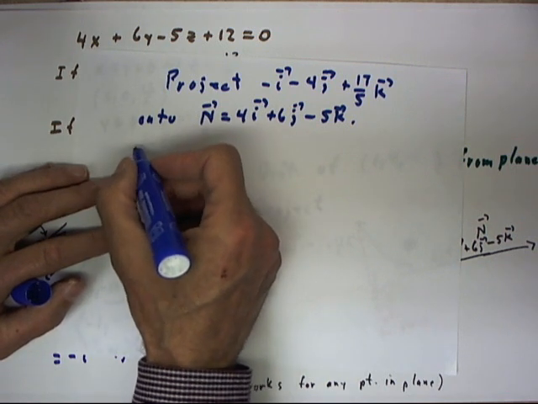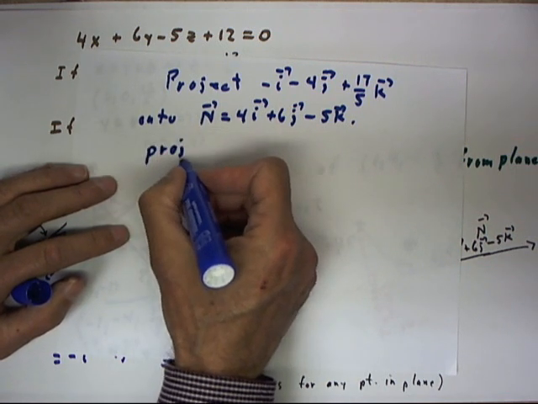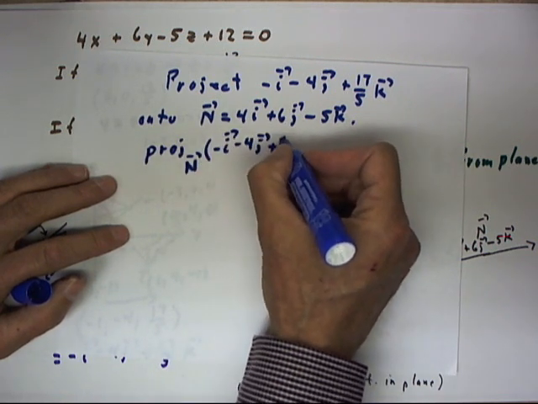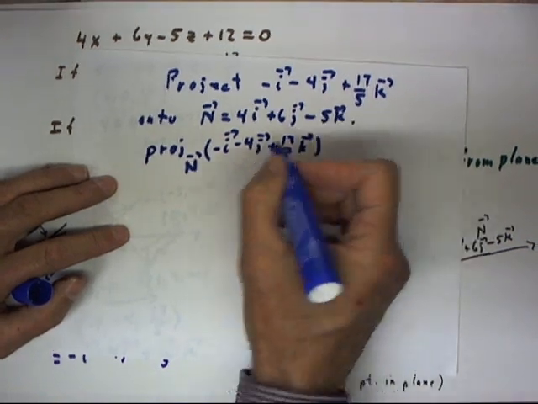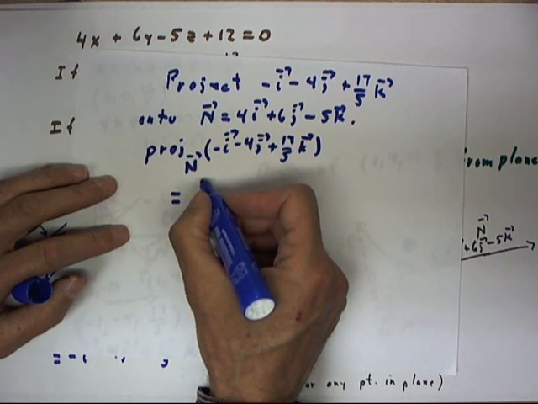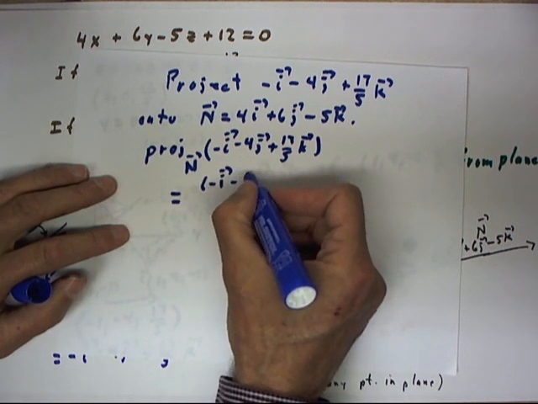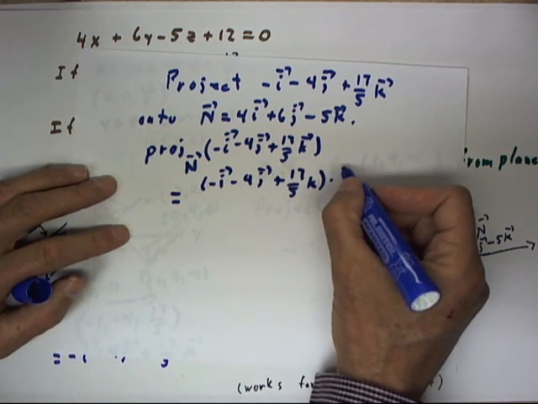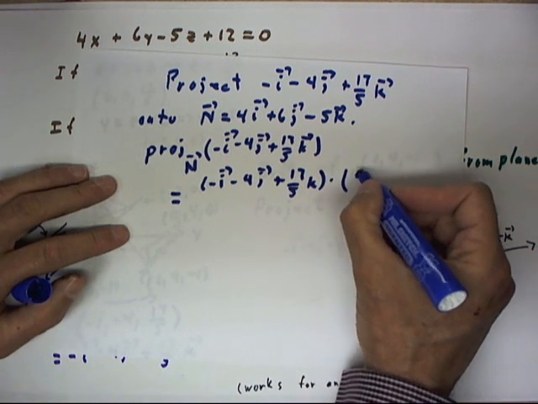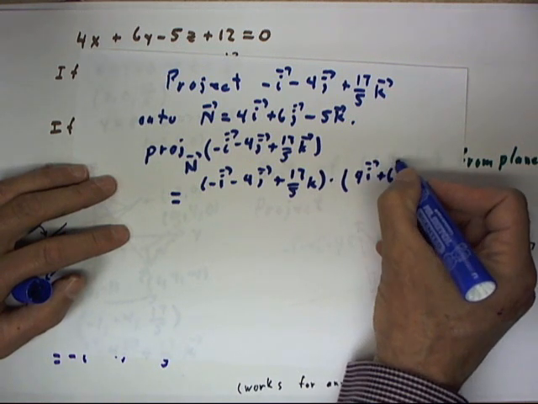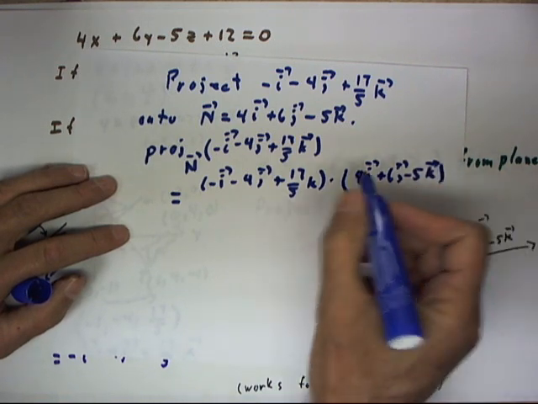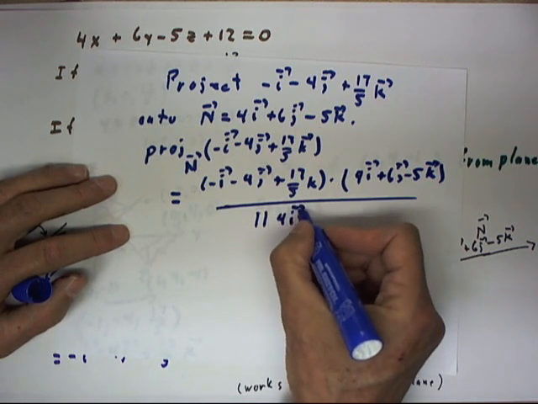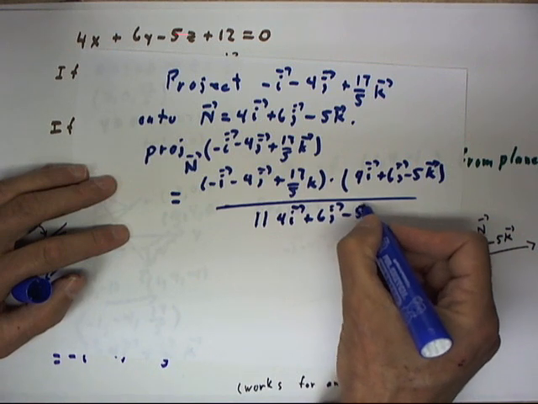Now, what's the projection? The projection onto n of the vector -i minus 4j plus 17/5 k is equal to the dot product of -i minus 4j plus 17/5 k with our normal vector, 4i plus 6j minus 5k, divided by the magnitude of the vector 4i plus 6j minus 5k.